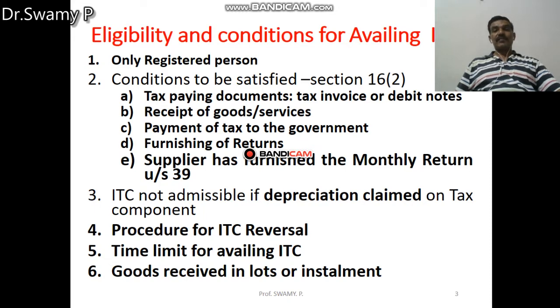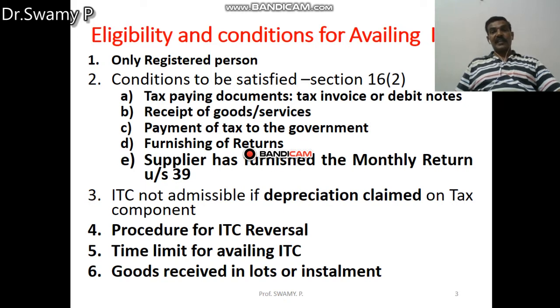The first and important condition is that the registered person who is claiming the input tax credit has to possess the important tax paying documents. Important tax paying documents are invoices, debit notes, and he must possess these documents in order to claim the input tax credit.